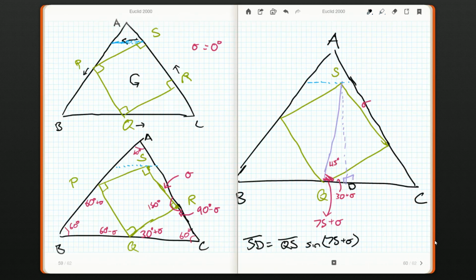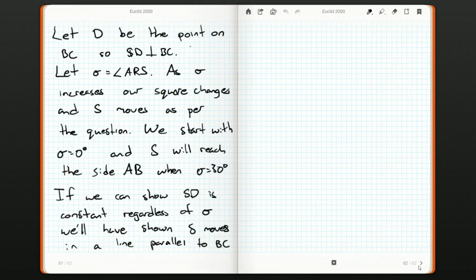Okay. Now the question is, how do we figure out what SD is in terms of sigma?